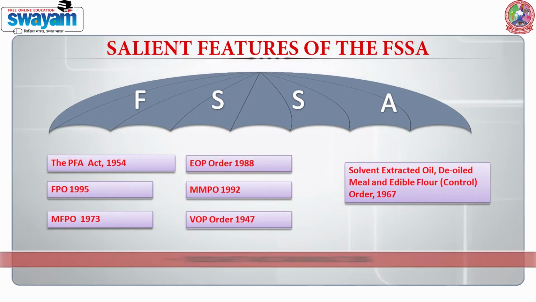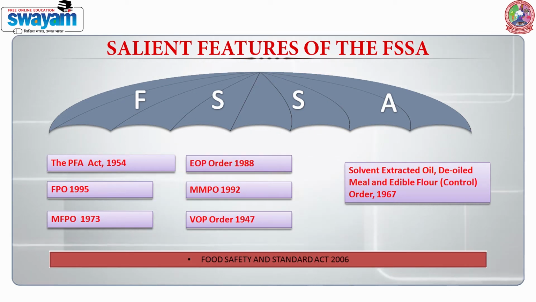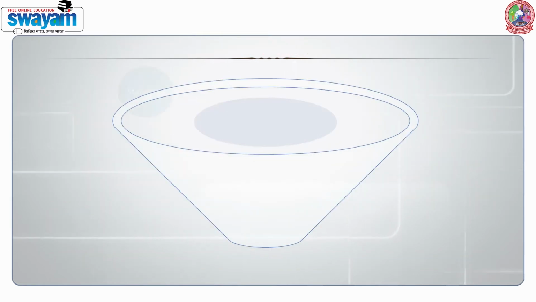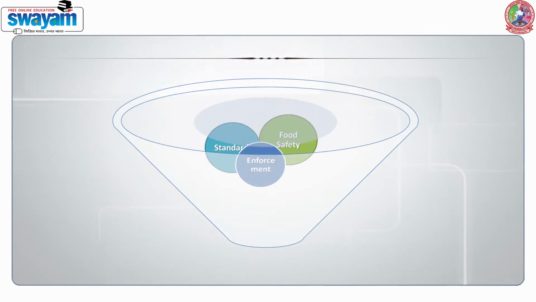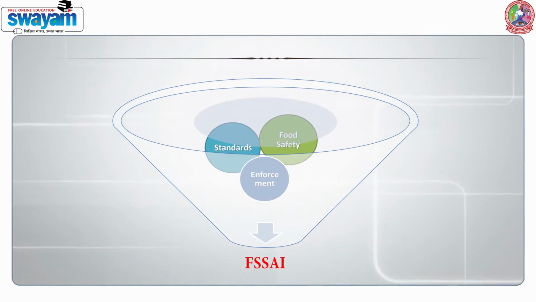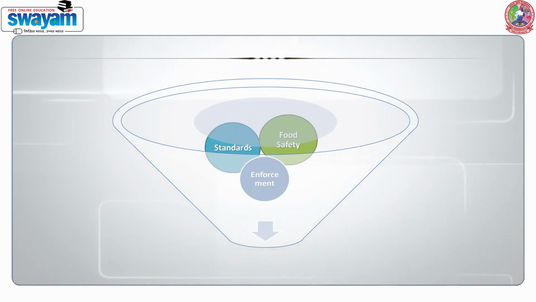FSSA was a single act under which all the other small acts were integrated. And the FSSAI was a single reference point for all matters related to food safety, standards and enforcement.